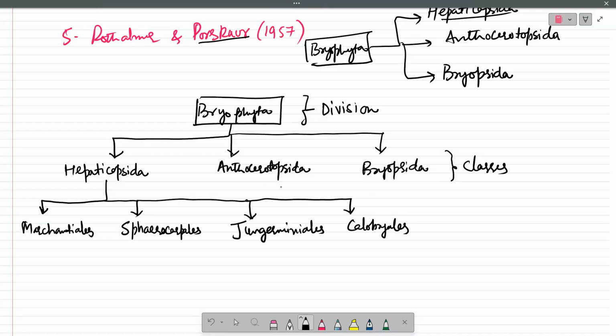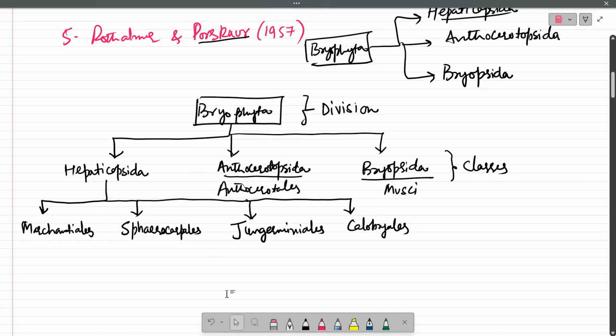And the remaining two classes, Anthocerotopsida and Bryopsida, have one order each. The order name in Anthocerotopsida is Anthocerotales. In Bryopsida, it is called Musci.